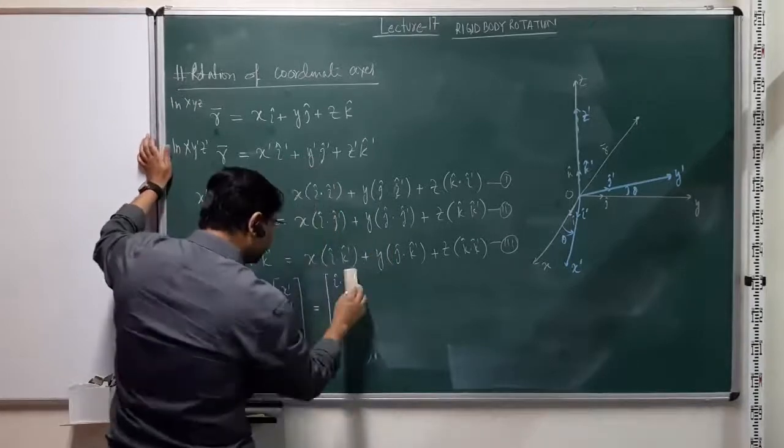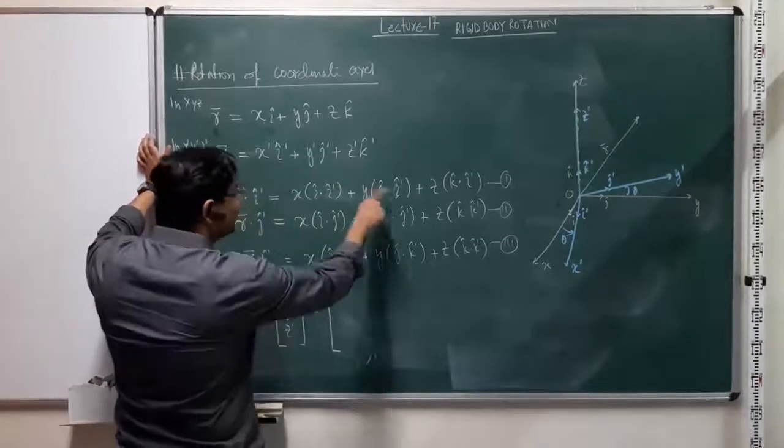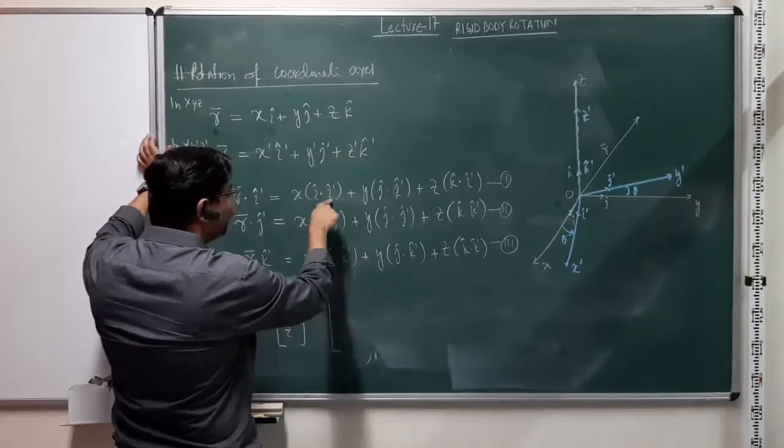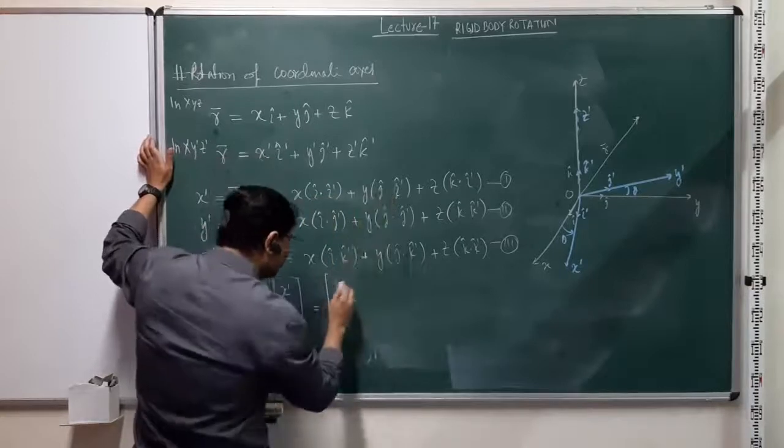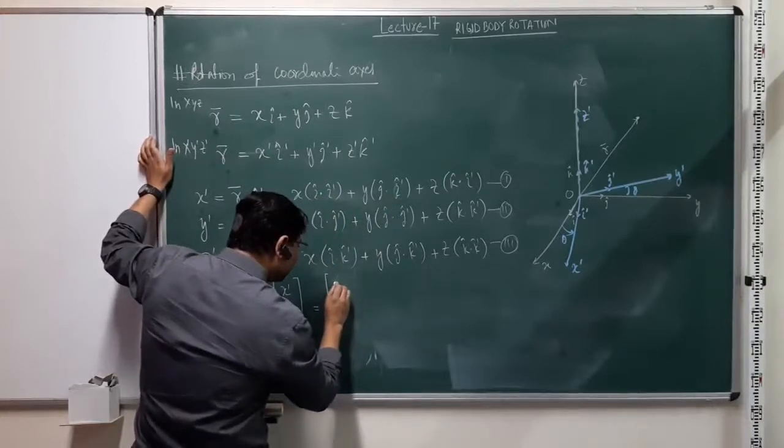Okay, so what I can also do is, since I know that the dot products are commutative, I dot I cap prime is same as I cap prime dot I cap, right? So it doesn't matter which order I do the dot product.